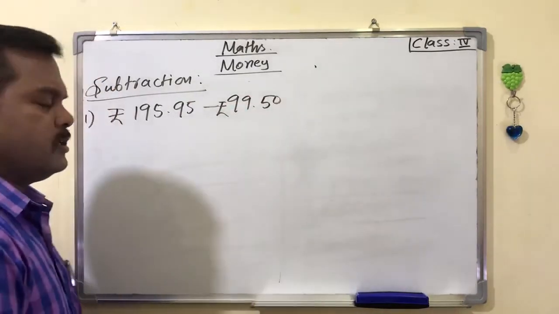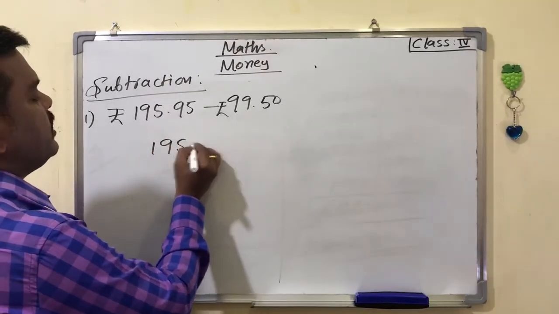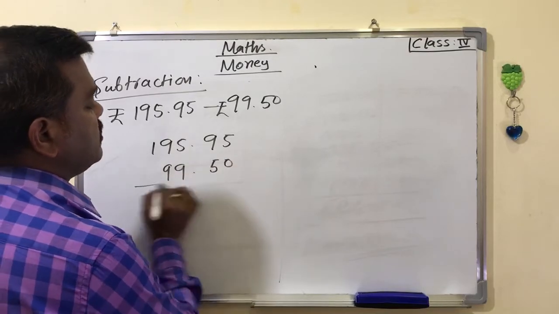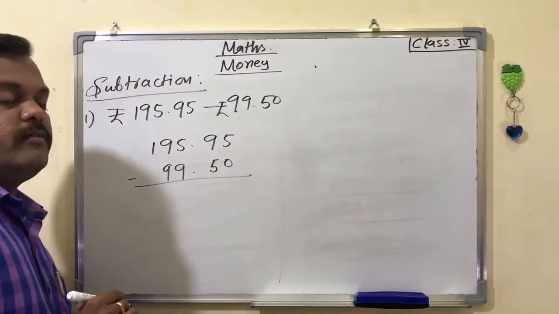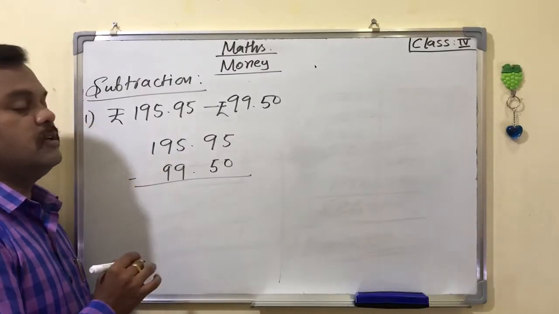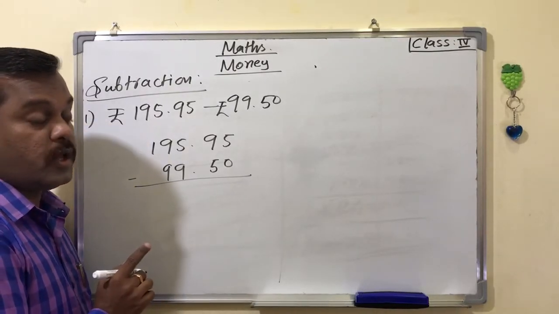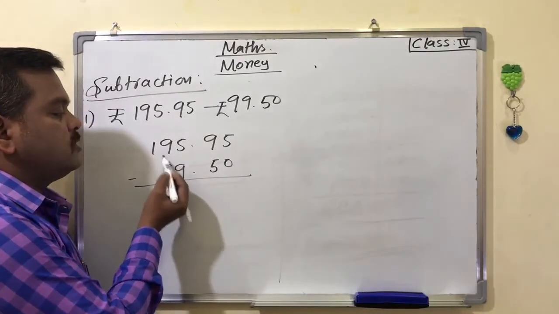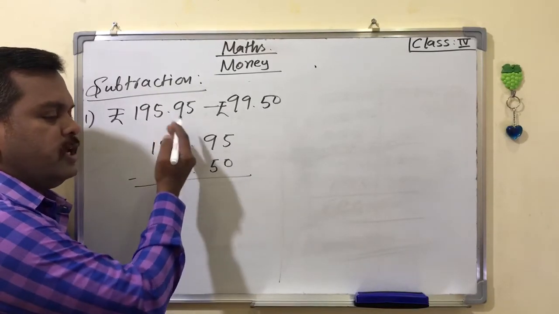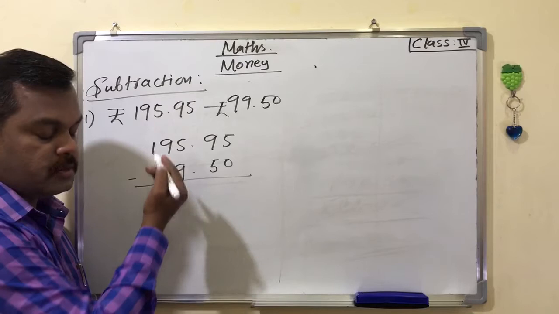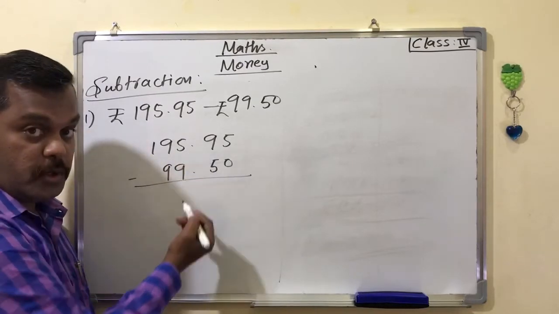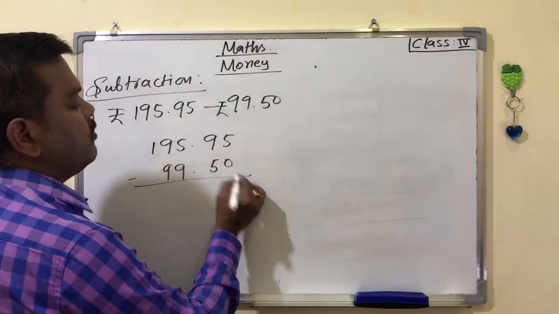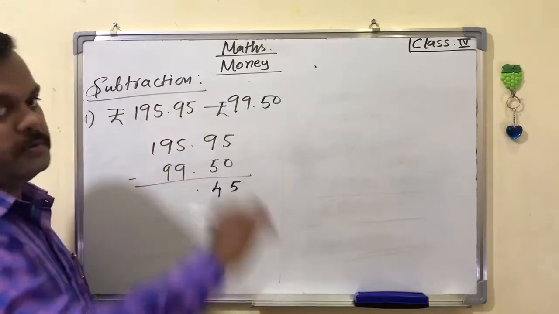Same like our decimal subtraction. 195 rupees 95 paisa, 99 rupees 50 paisa. Subtract. Okay, so when we are adding or subtracting, you have to be very careful when writing decimal places. Look, all ones place below ones place, all tens place below tens place, and the point also below the point. Okay, then subtract. 5 minus 0, 5, 9 minus 5, 4, point.